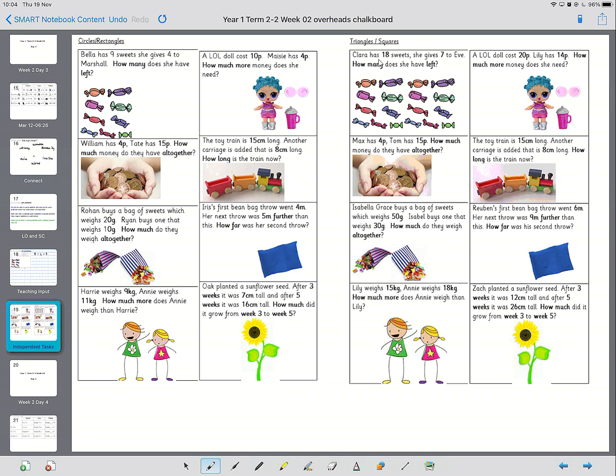If you think you're really good at subtraction and addition, have a go at these ones here. And remember, read each question carefully, to work out whether it's an addition sum, for words like added, or whether it's a take away. Okay, and that is the end of today's maths lesson. You've been brilliant, brilliant.